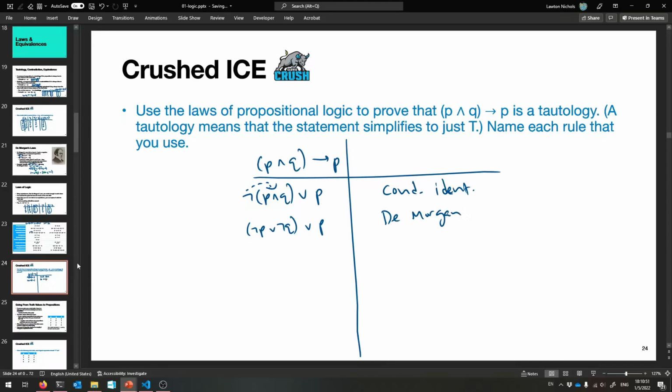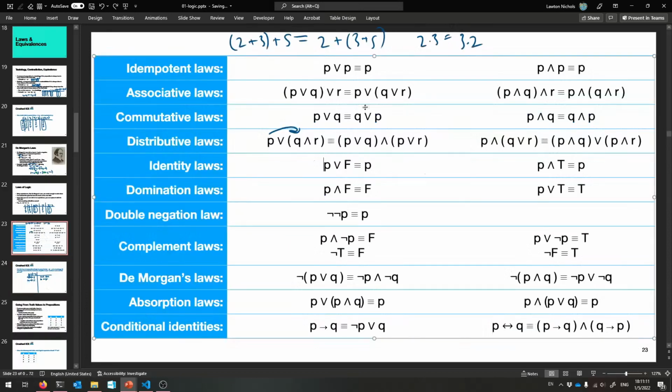Then we want to eventually get down to true. What can we simplify this with? We have a bunch of ors still, so the parentheses don't really matter. I have a P and I have a not P. Interesting. What if I get them together?